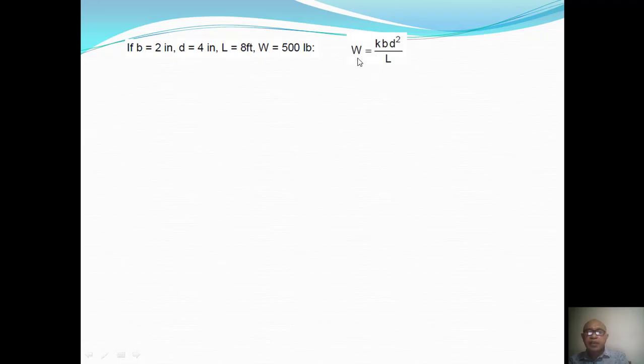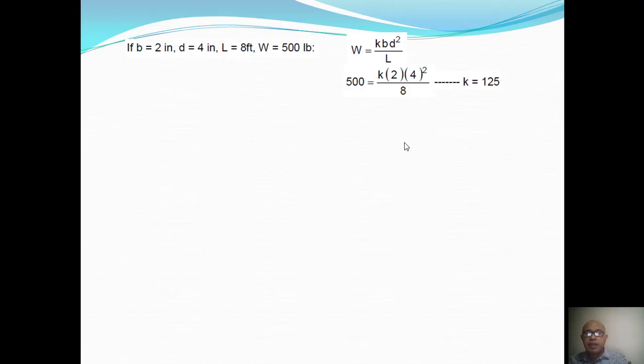W is 500, B is 2, D is 4, and the length is 8. So we can solve for the proportionality constant, and that is equal to 125.